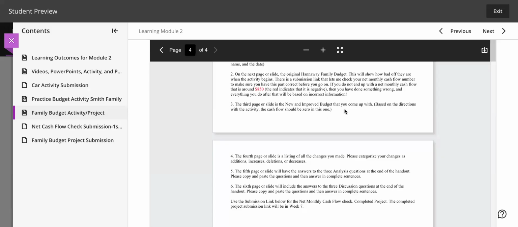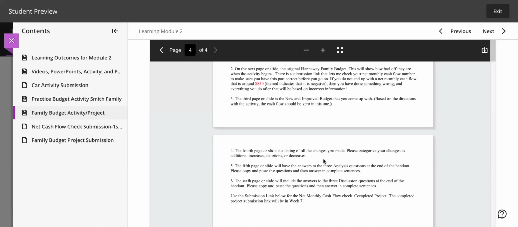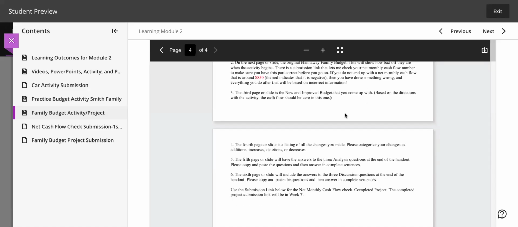So you're going back and you're looking at the things that they want to have added to their budget, and you're also having to come up with how do I get that to fit in their budget? What am I going to take away? But you're doing a new budget for them on page 4. And so you can screenshot, you can use the same spreadsheet that we used, and you can screenshot it and put it there.